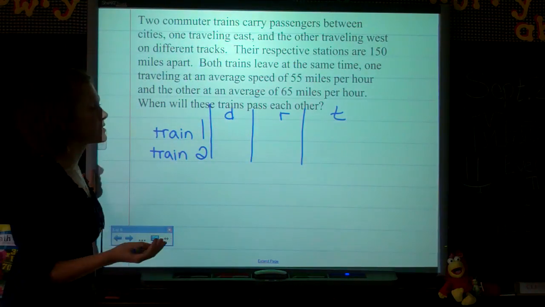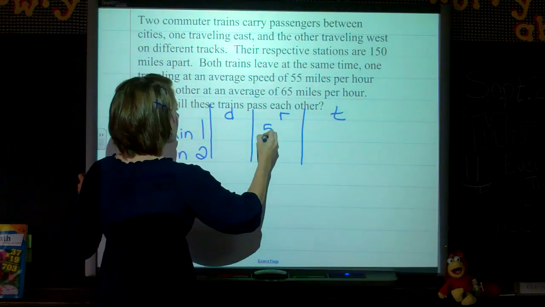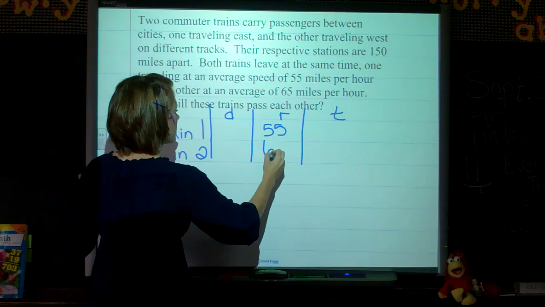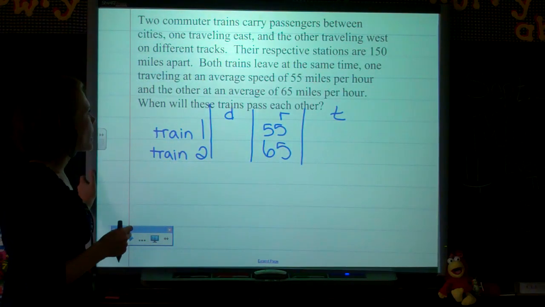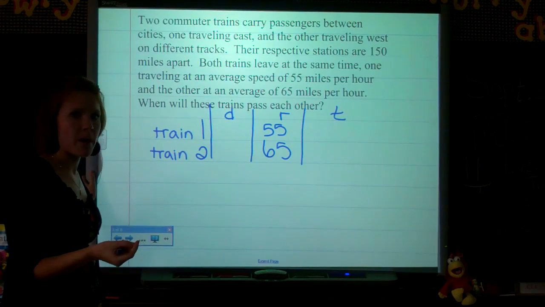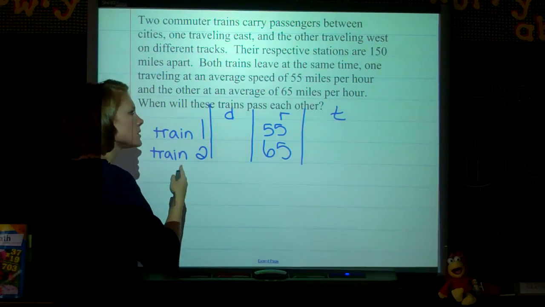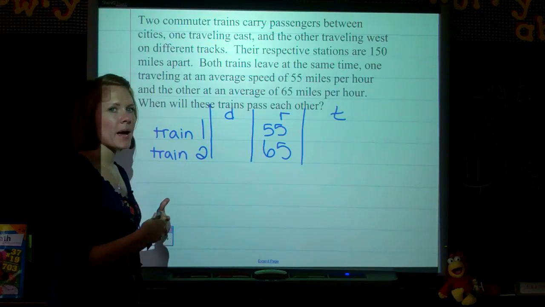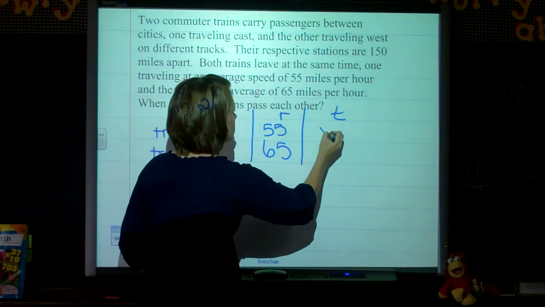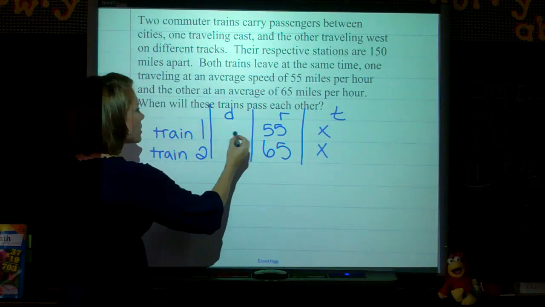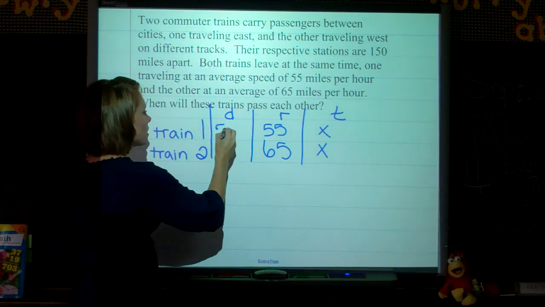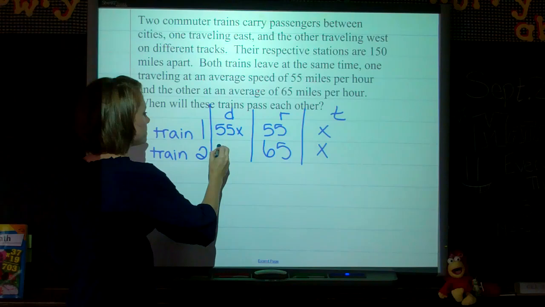Alright, my rates are given to me again. 55 miles an hour for one, 65 miles an hour for another. Now again, they're asking when will they pass, after how much time. So since they started at the same time, they're going to pass each other at the same time. I'm just using the same variable. And I can also say, just like in the last one, distance is rate times time.